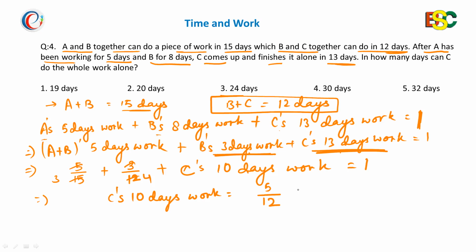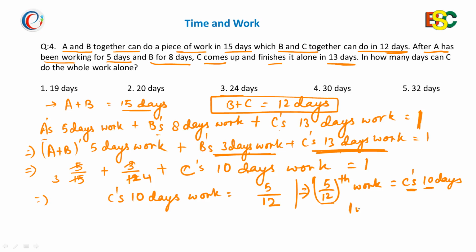Or you can rewrite this equation as 5/12 of the work is equal to C's 10 days work. So in short, in 10 days C alone is completing 5/12 of the work, right?